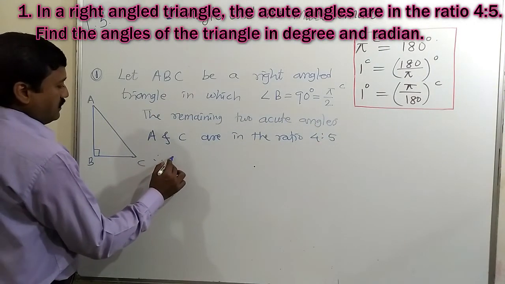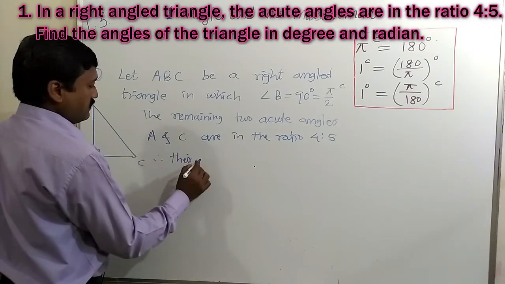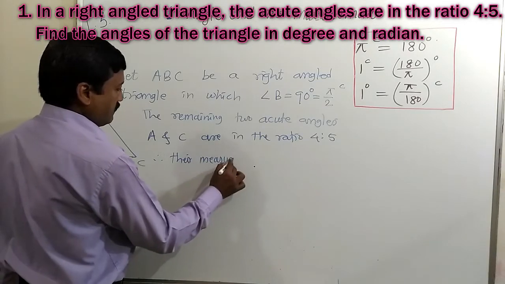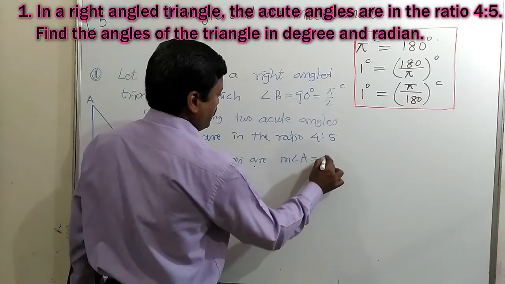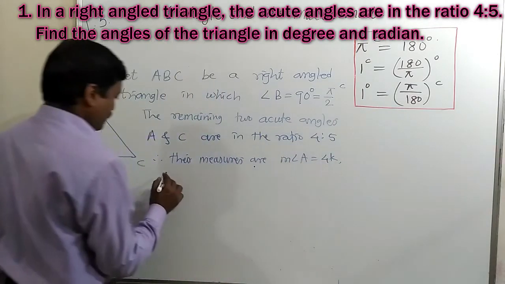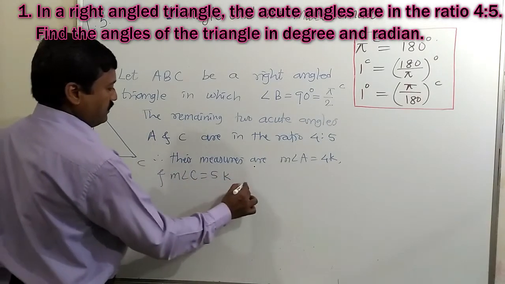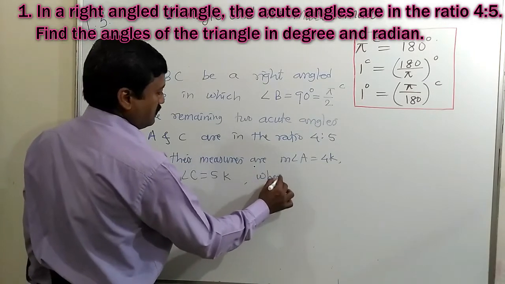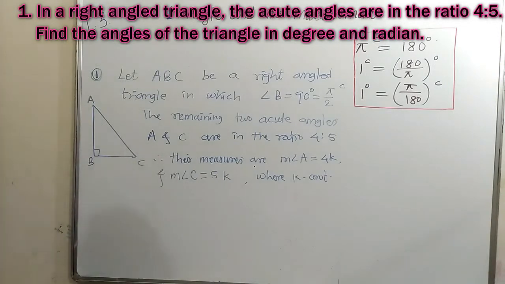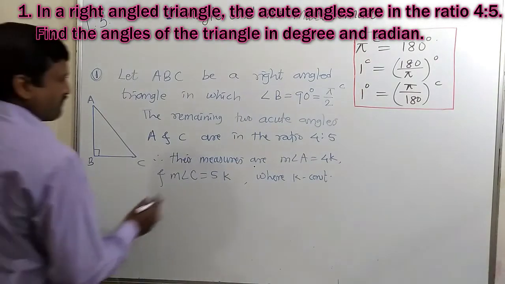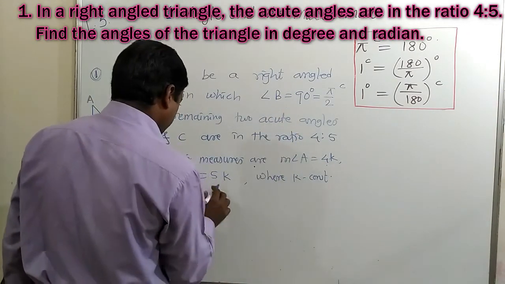Therefore, their measures are: measure of angle A is equal to 4K and measure of angle C is equal to 5K, where K is a constant of proportionality. So we now get angle A as 4K, B as 90 and C as 5K.